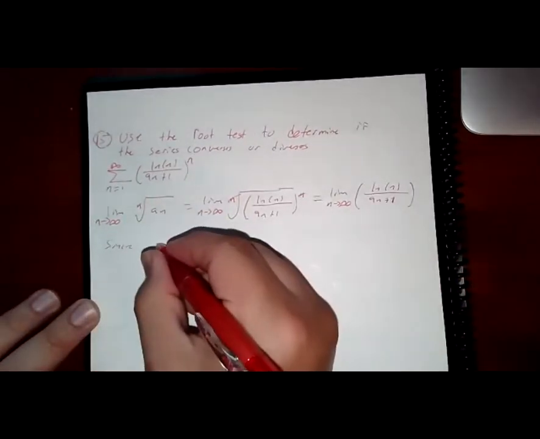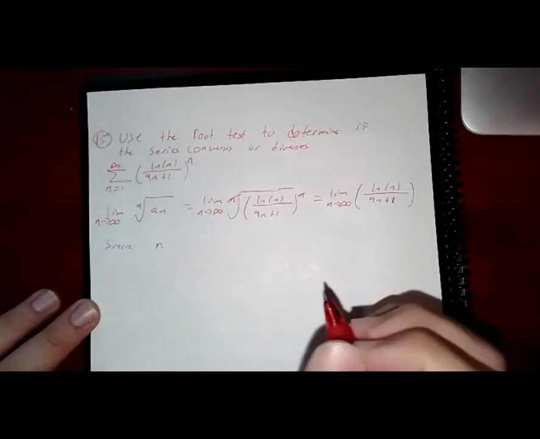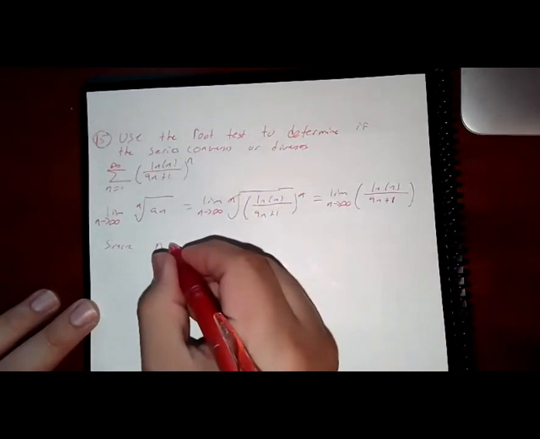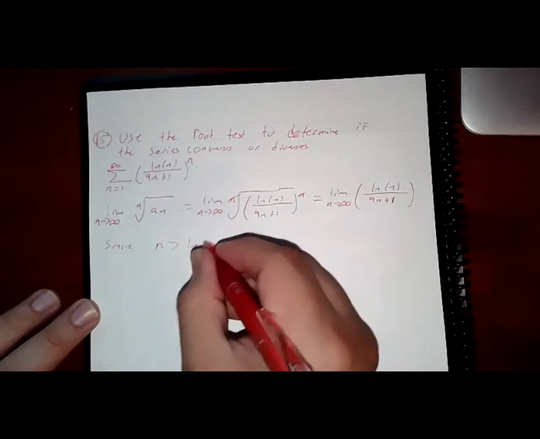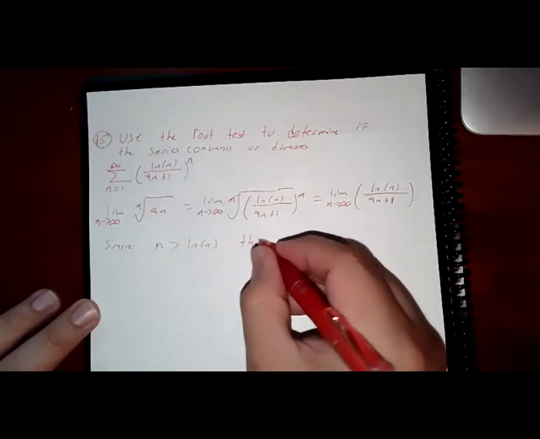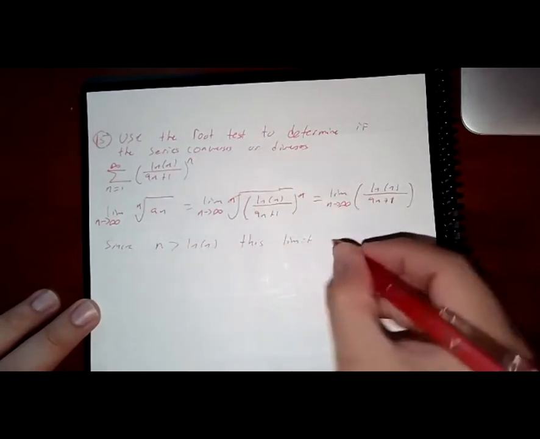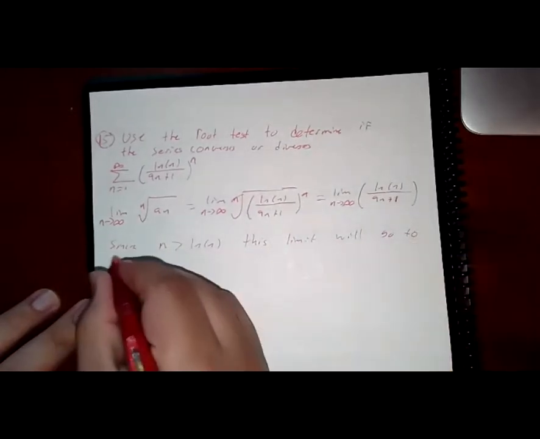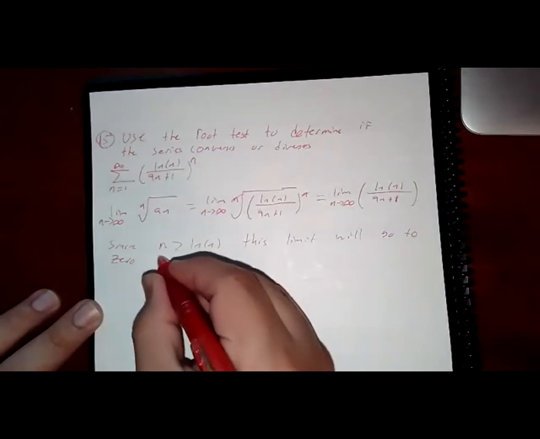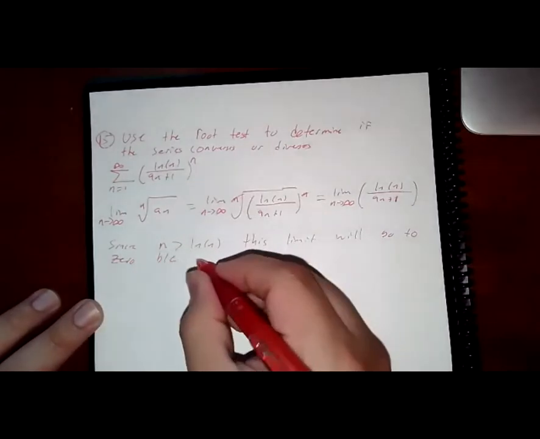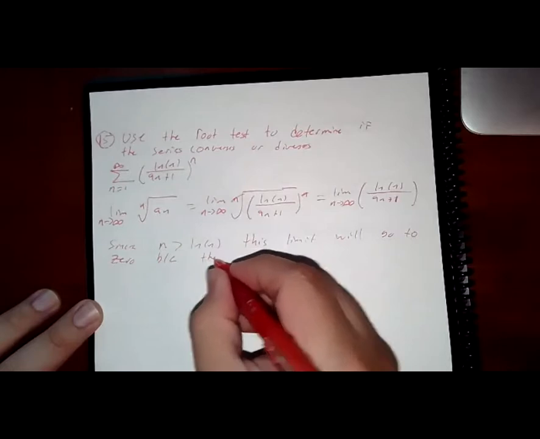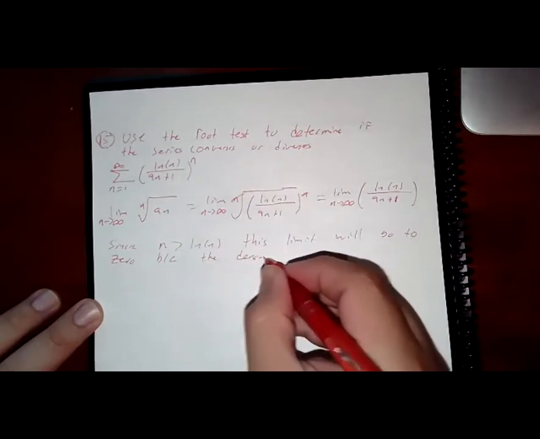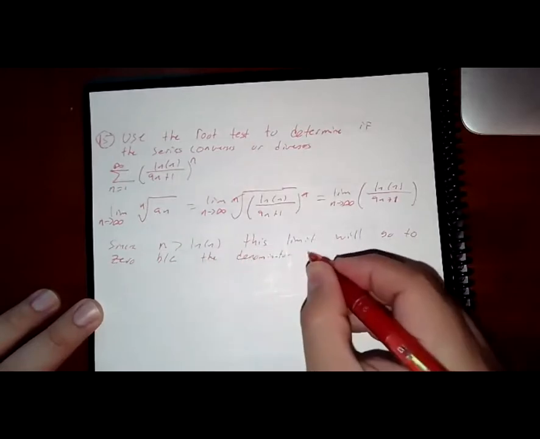Since n is greater than ln n, this limit goes to 0 because the denominator grows faster.